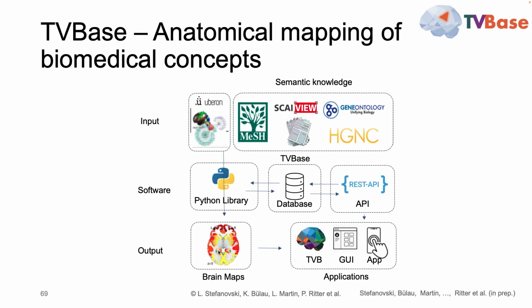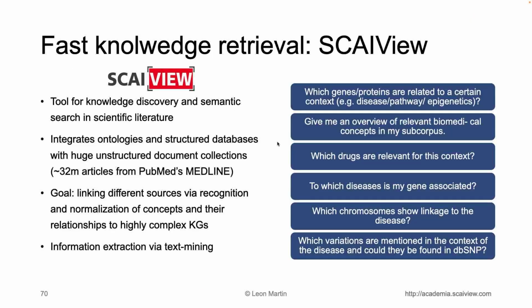This is basically an agent that unifies knowledge and transforms it to be interoperable with other software tools like TVB. So we input information about Uberon, the anatomical ontology, and we linked all the anatomical classes describing the brain to a brain parcellation in 3D space.